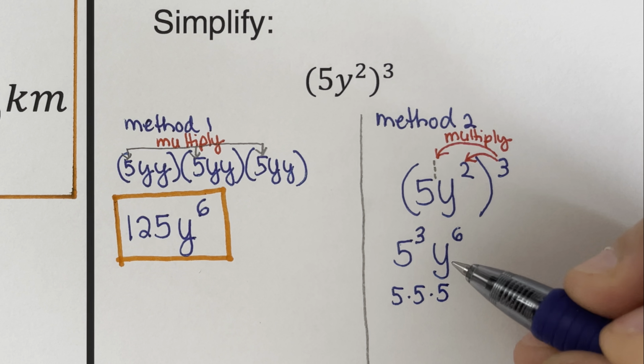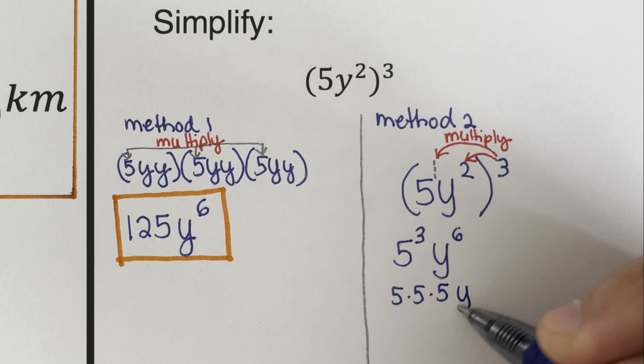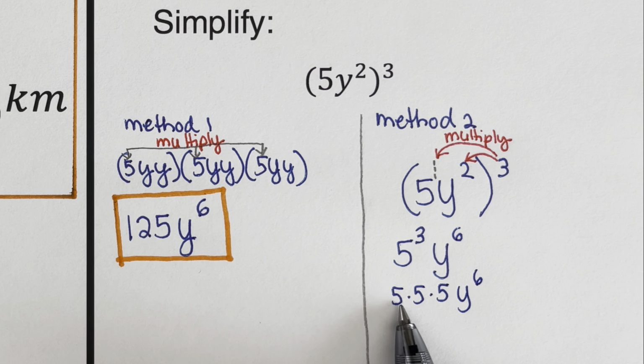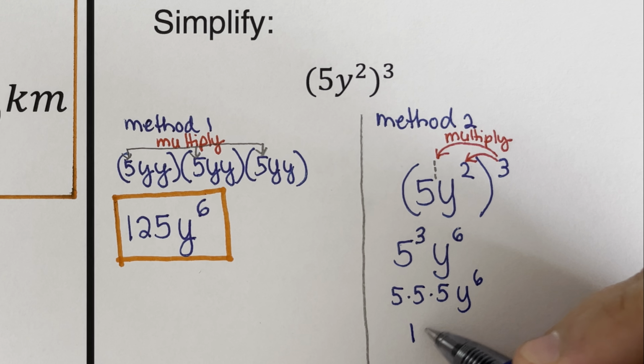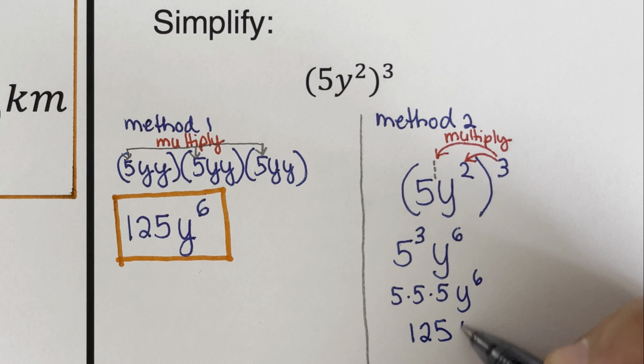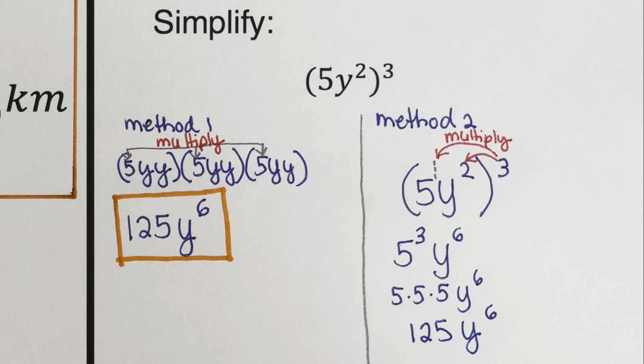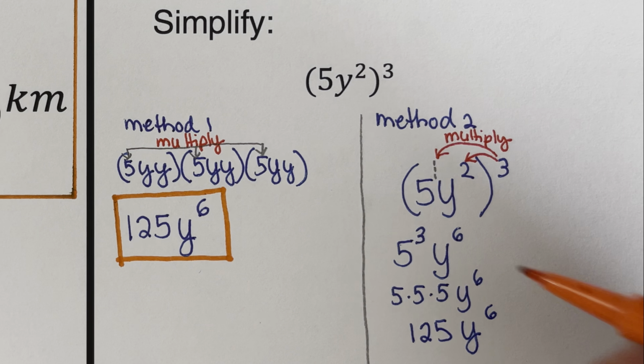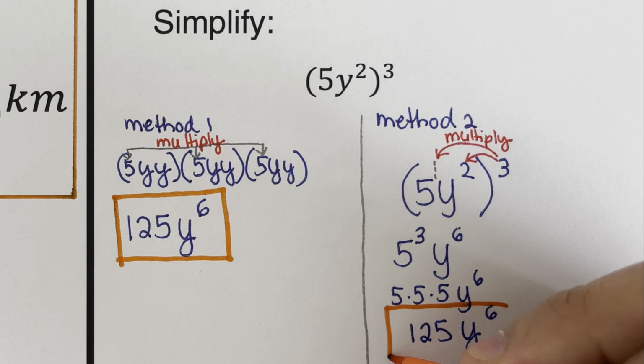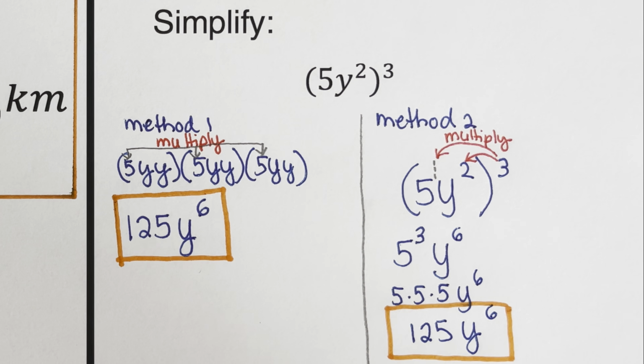So there's 3 of them. And then we write y to the 6th. So 5 times 5 is 25. 25 times 5 is 125. And then that is y to the 6th power. So again, this is the simplified version of this expression that we have up there.